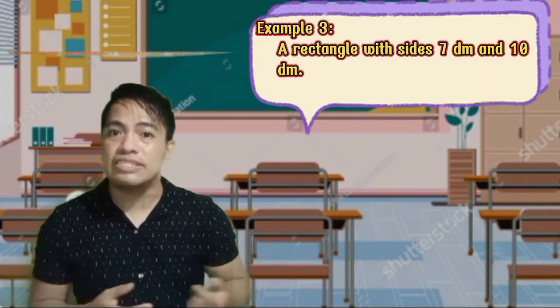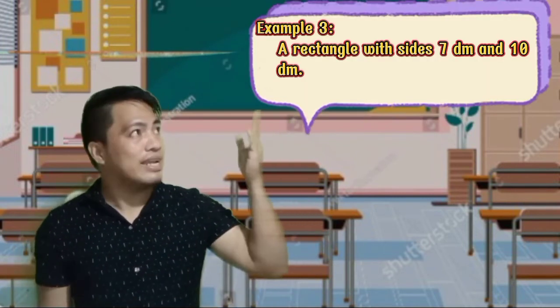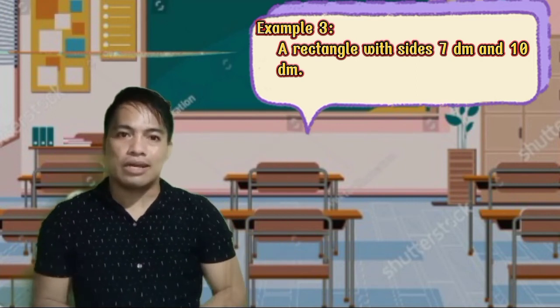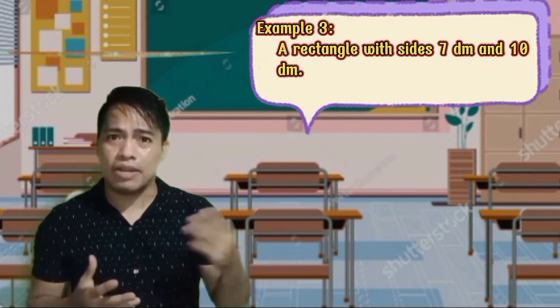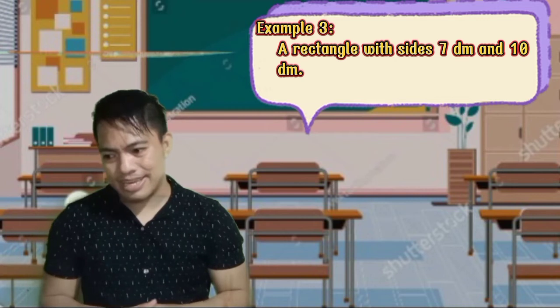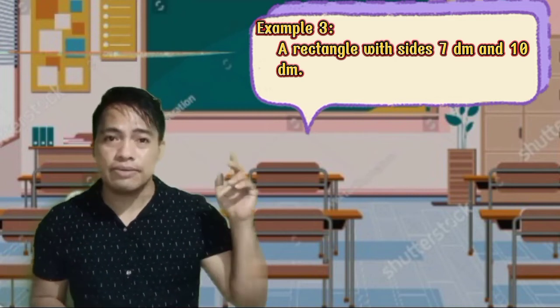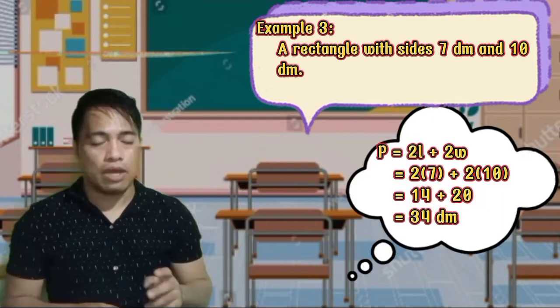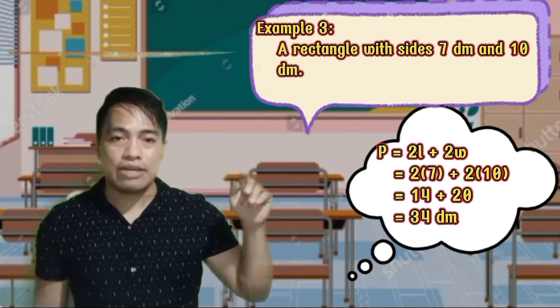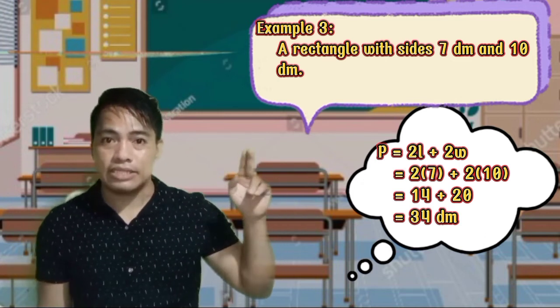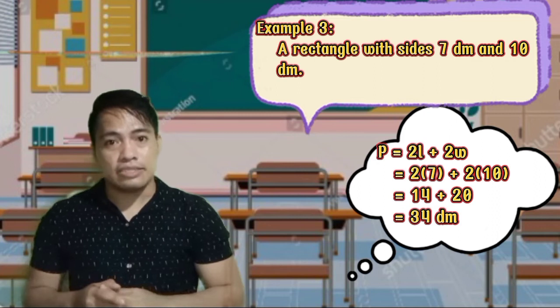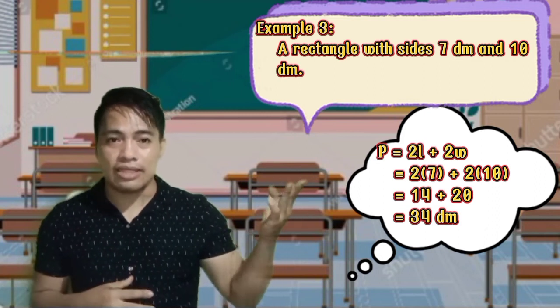A rectangle with sides of 7 dm and 10 dm. So now, what is our formula again? Yes, exactly. We have 2 length plus 2 width. P rectangle equals 2 length plus 2 width. So substitute the values of our length and width.